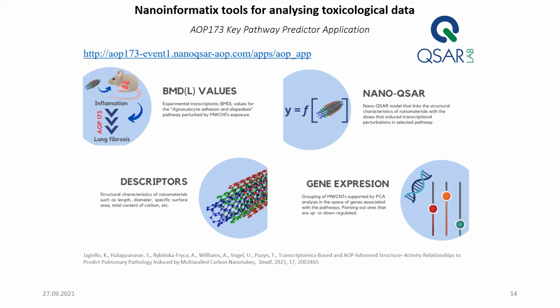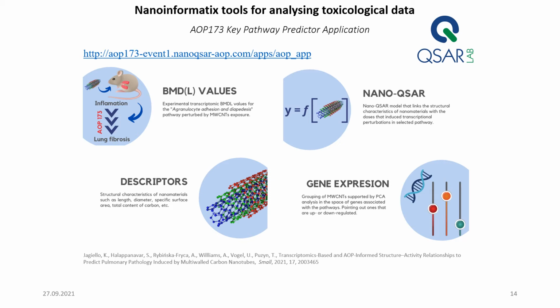So this approach here is for multi-wall carbon nanotube, and we have a nano QSAR model that tries to link the structural characteristic of the material with the dose that induces the transcriptional perturbation in that selected pathway. And in order to do that, we need to calculate the descriptor, which is the structural characteristic of nanomaterials such as length, diameter, specific surface area, etc. And for the response, you have the gene expression.